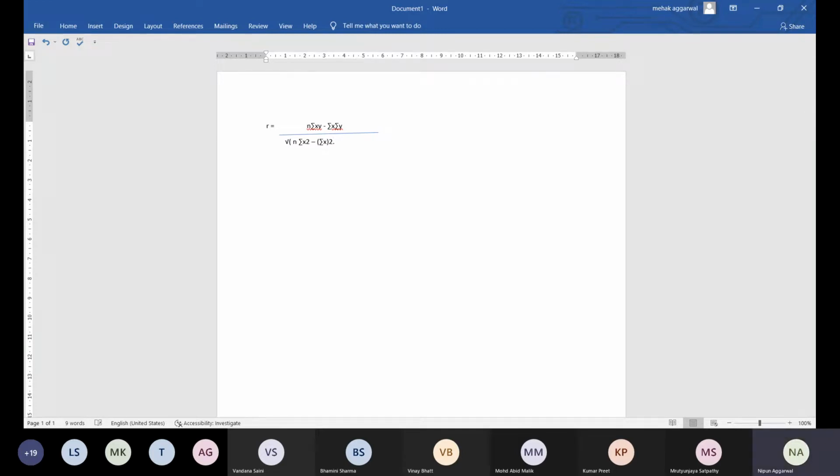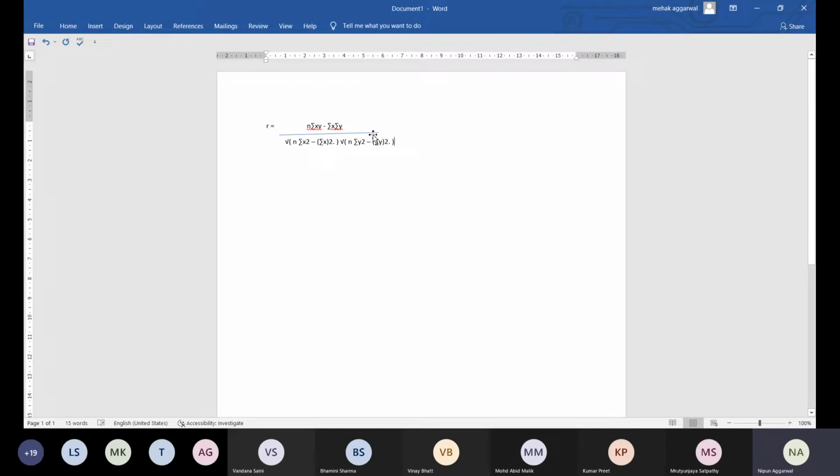And then into under root of n summation x square minus summation x whole square, and into under root of n summation y square minus summation y whole square.